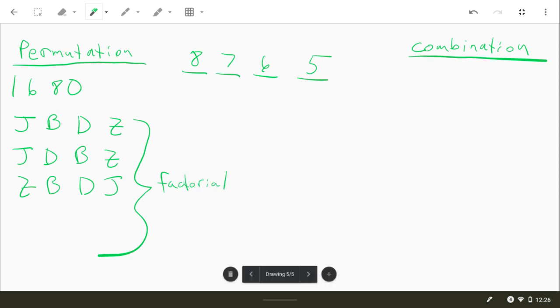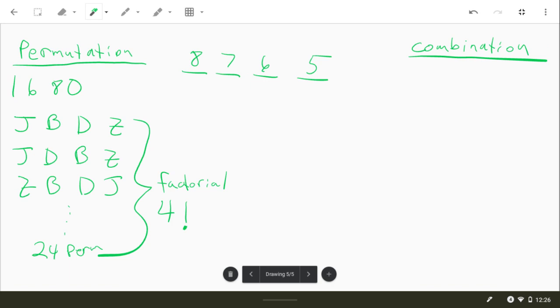So since you have 4 objects and you're rearranging those 4 objects, there's going to be 4 factorial ways of doing that. 4 factorial was 4 times 3 times 2 times 1. So that's going to come out to 24 permutations, 24 possible ways that you could watch those 4 movies.